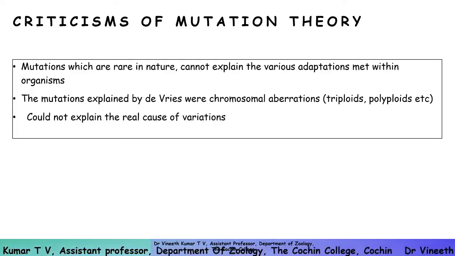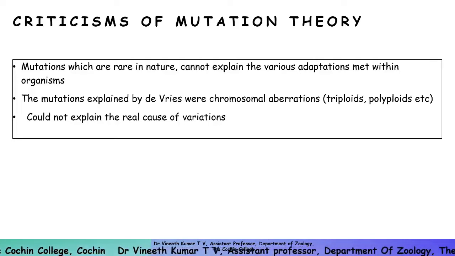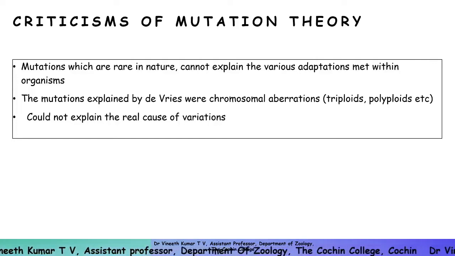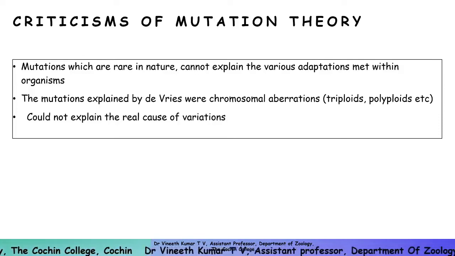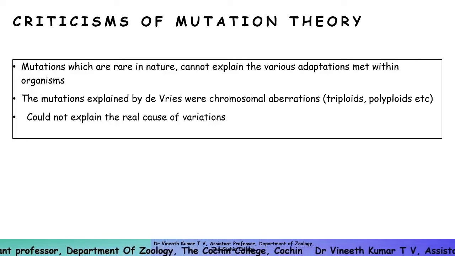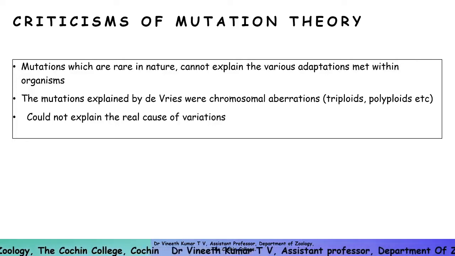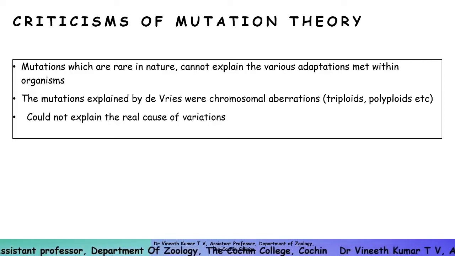That was the limitation of all theories on organic evolution, starting from Lamarck to Weismann, to Darwin, and to De Vries. All four could not explain the real cause of variation.